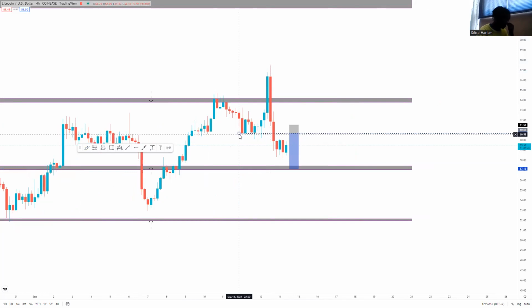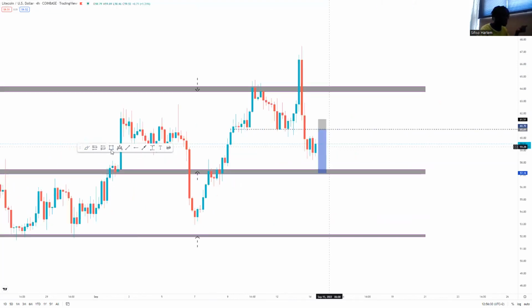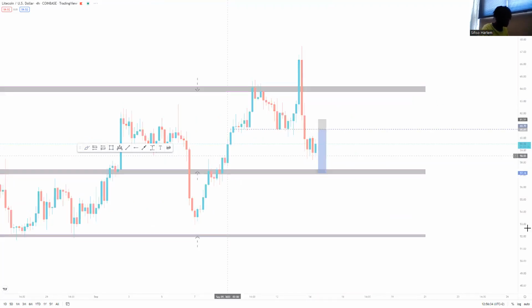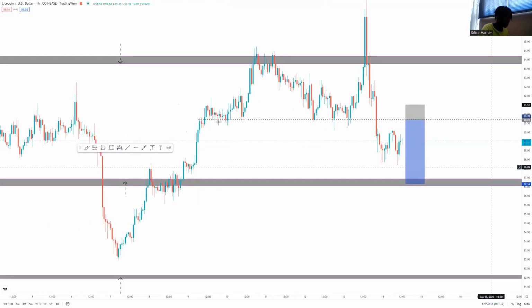So what I'm looking for now, because price had this big momentum candle to the downside and another continuation candle breaking the zone, the support zone, this intraday support which I had, is for price to pull back right there for continuation to the downside. But on the hourly time frame, because this was a support, price was holding, I can tell.